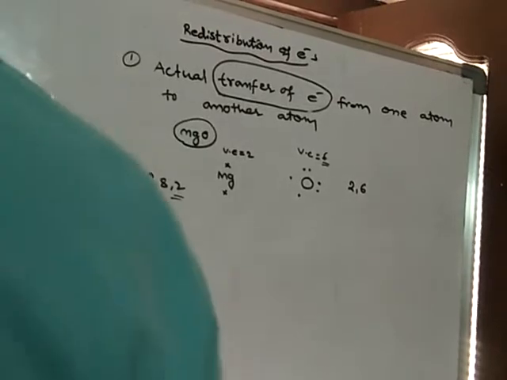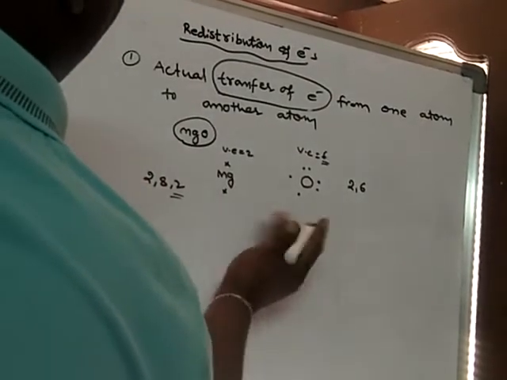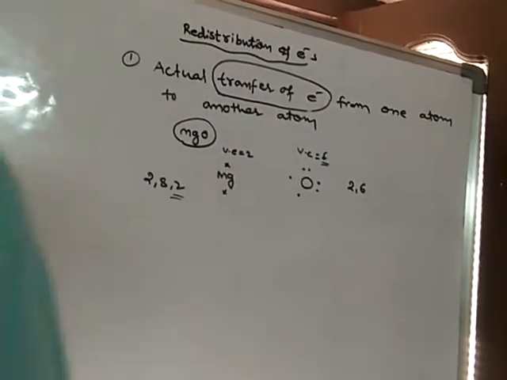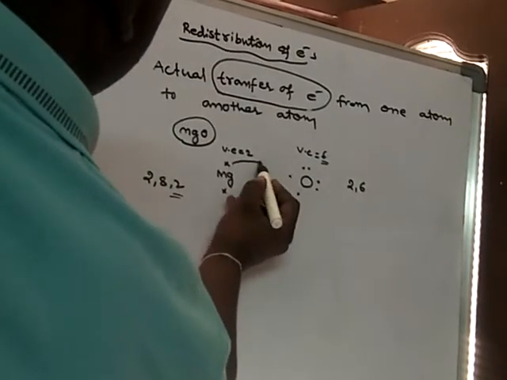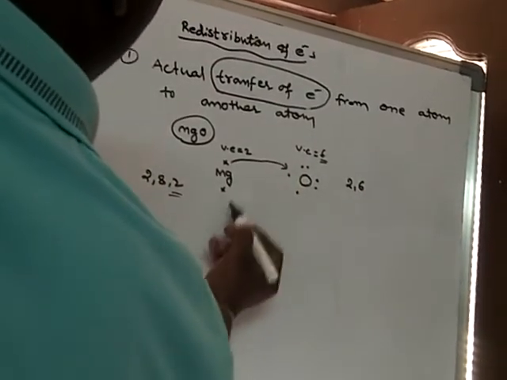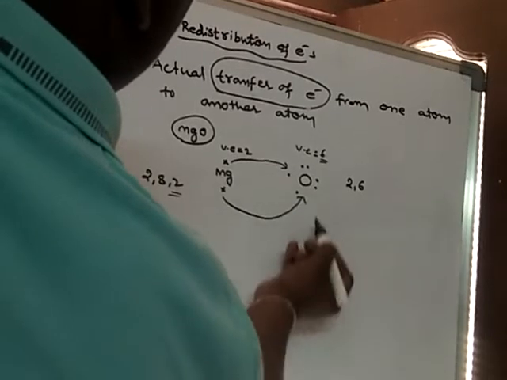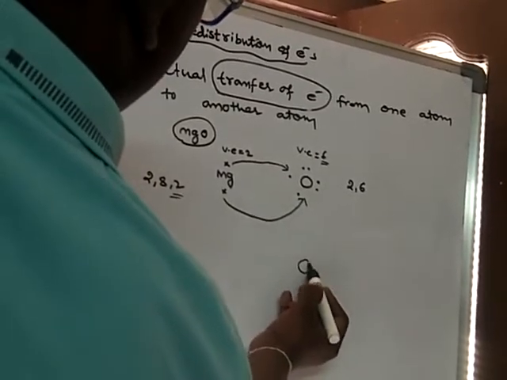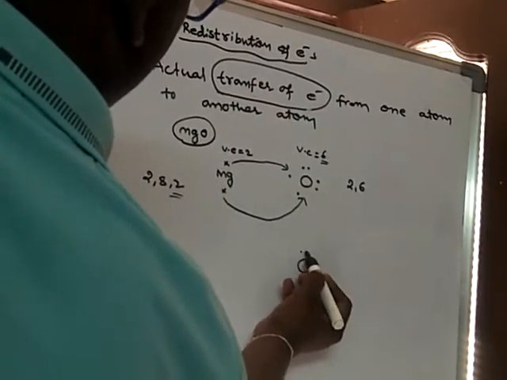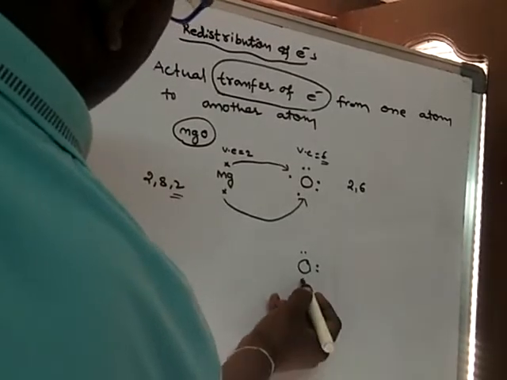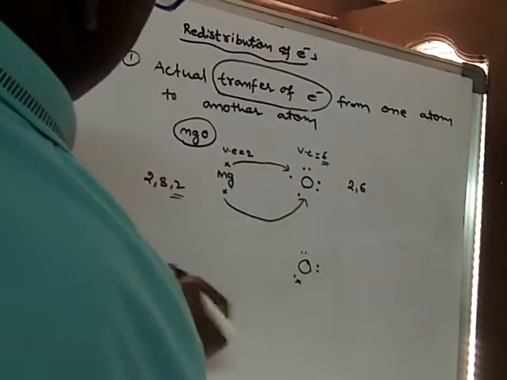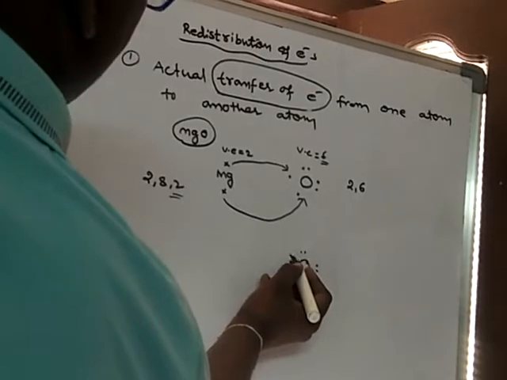When these two atoms approach each other, magnesium loses one electron to this, and one more electron to this. Already this is a pair, this is also a pair. Now a new pair is formed here, and a new pair is formed here.